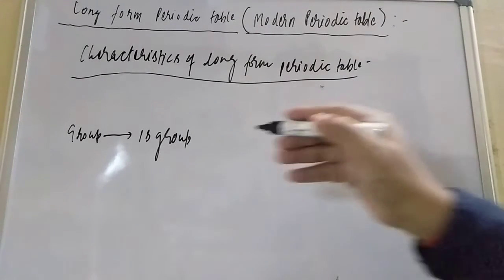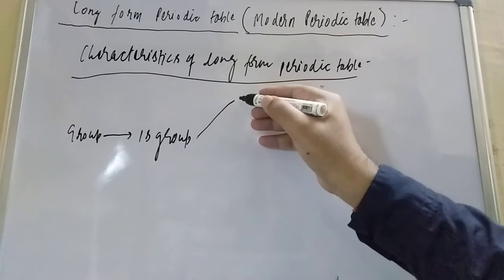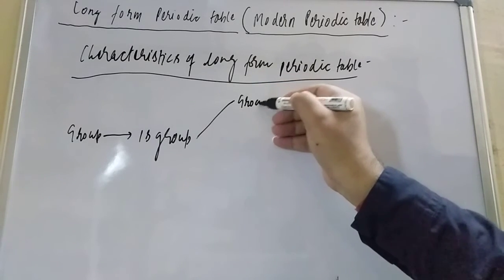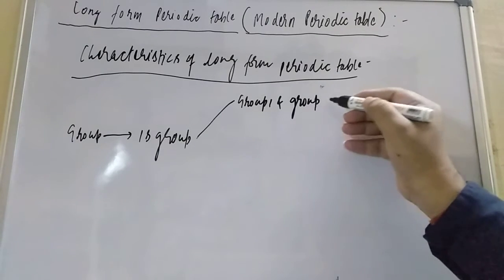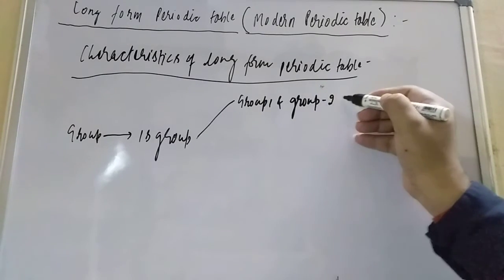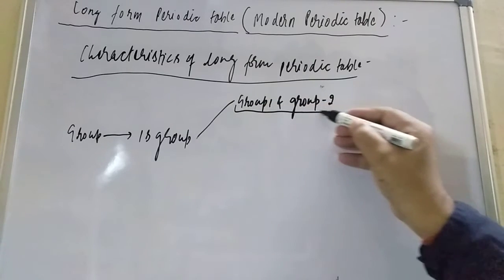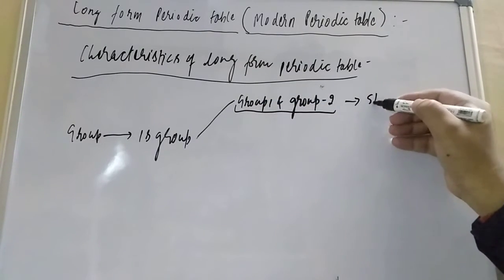For example, group 1 and group 2 are known as S block.